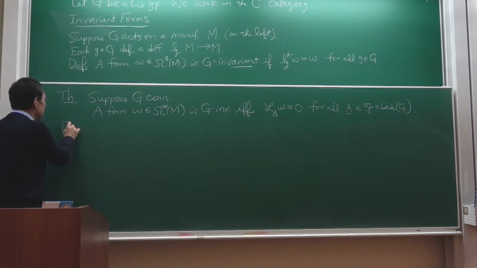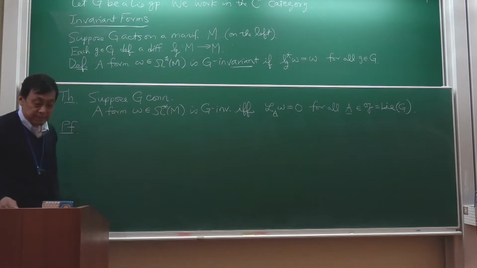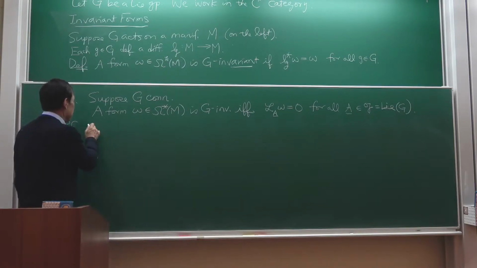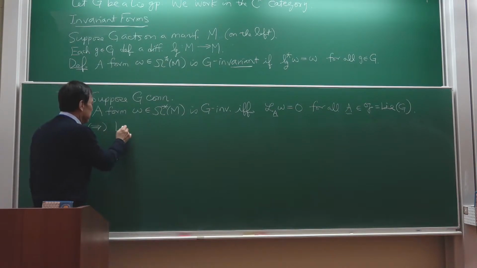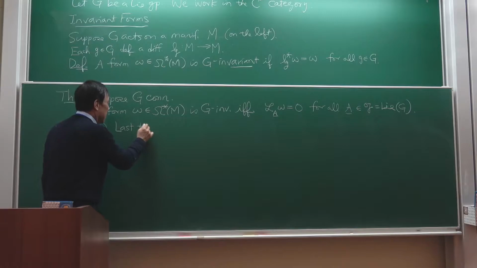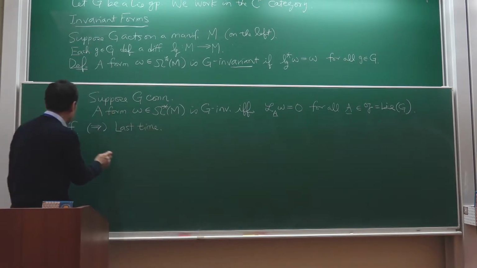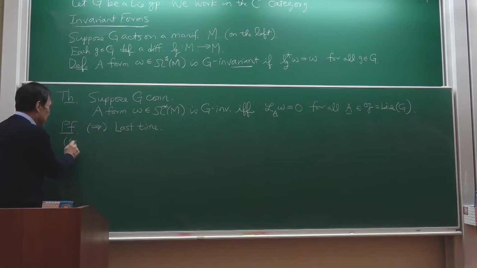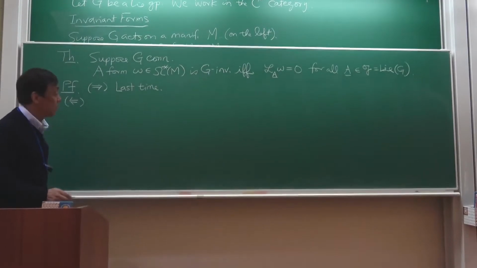So we proved this in one direction last time. I think we proved it in this direction. That's the easy direction. Okay. And now we want to prove it in the other direction. Okay.